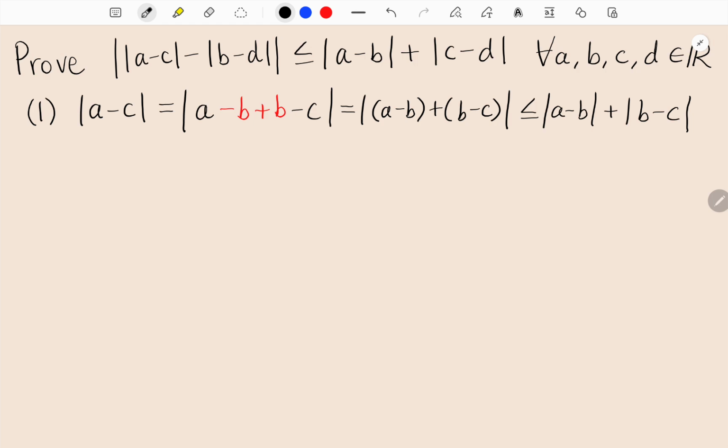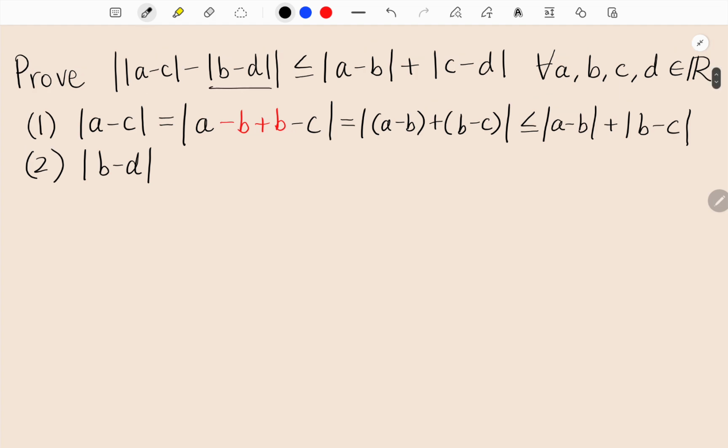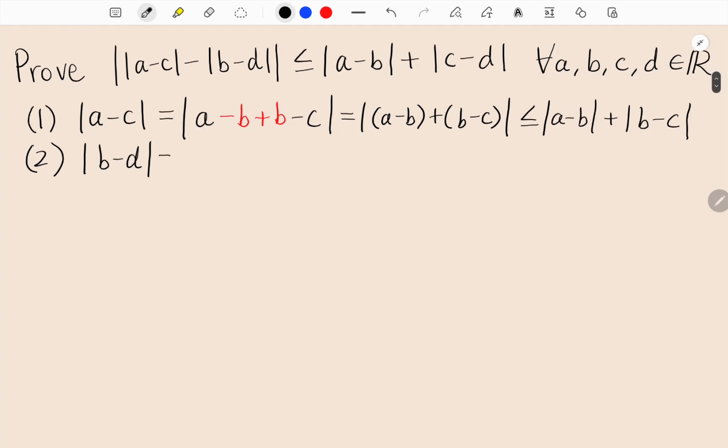Cool. So for the second equation, I will do the same thing with the absolute value of b minus d. The reason I'm doing it for these two is that we have a minus c here and b minus d here. So this is equal to the absolute value of b, then I subtract c and add c, and then minus d, which is the absolute value of b minus c plus c minus d.